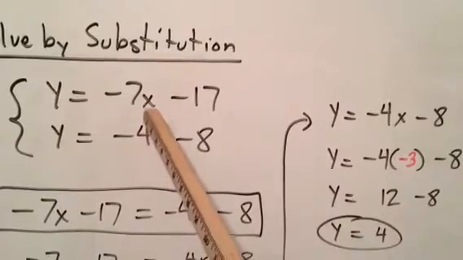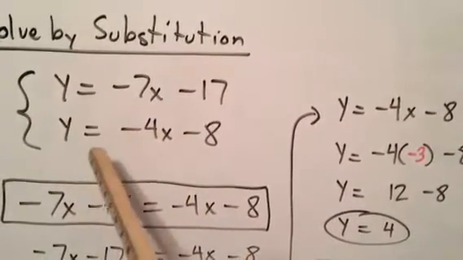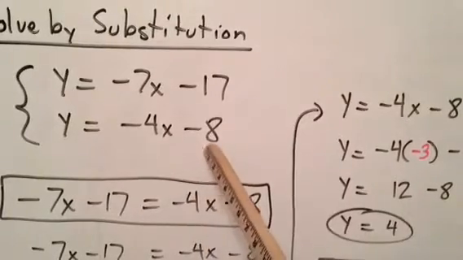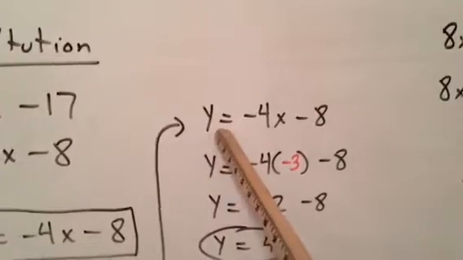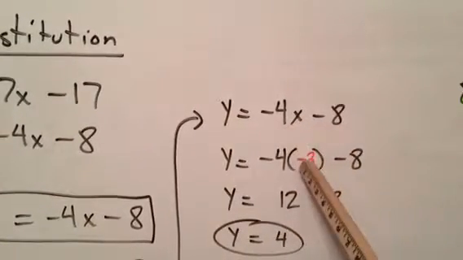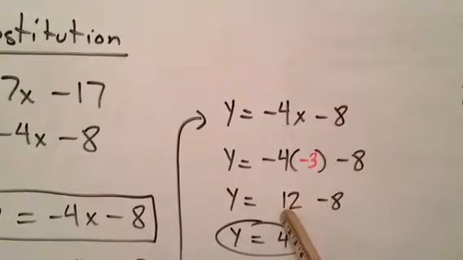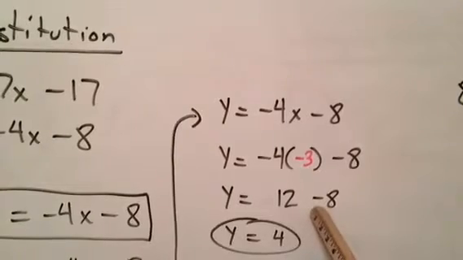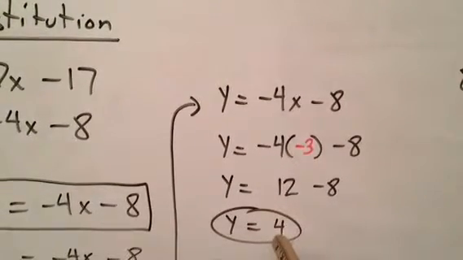I could also have chosen the top equation as well, but since the bottom equation has smaller numbers, I may be less likely to make mistakes. So by taking the second equation and substituting negative 3 for x, we get negative 4 times negative 3 is positive 12. Take away 8 gives me a y value of 4.